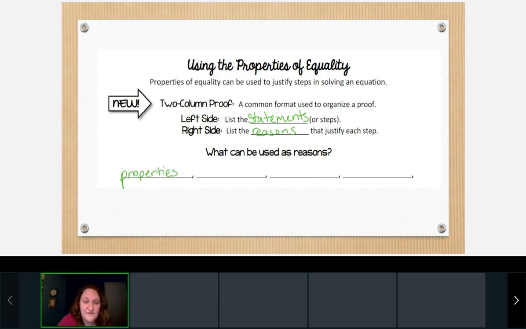You're allowed to use definitions, like the definition of a vertical angle. You're allowed to use a postulate. What is that? A postulate is a fancy word for rule. We called it the segment addition postulate when we learned segment addition. It was just a rule. Or a theorem, which is another fancy word for a rule.